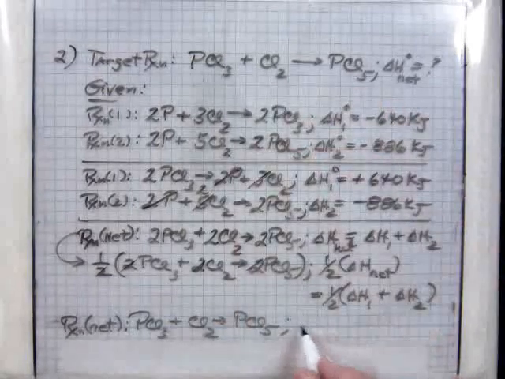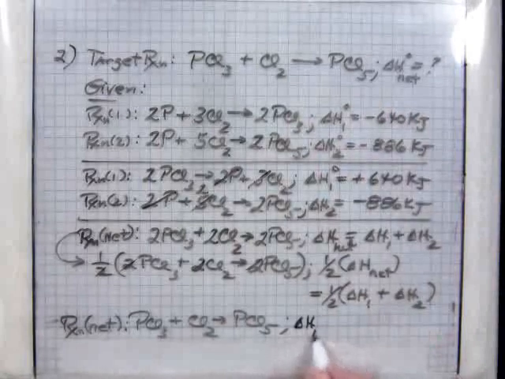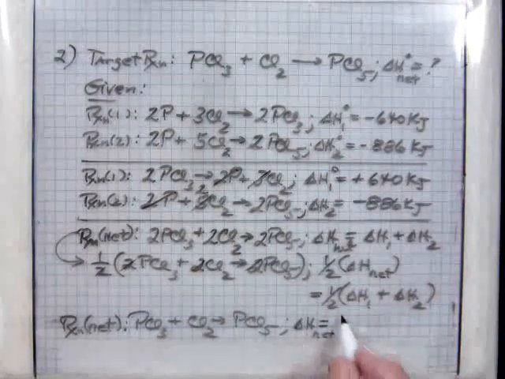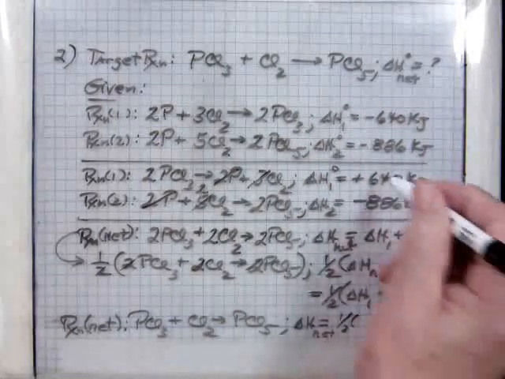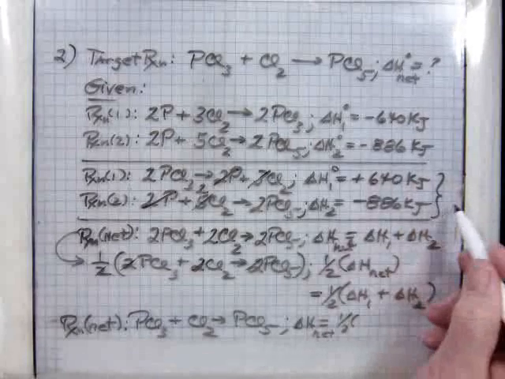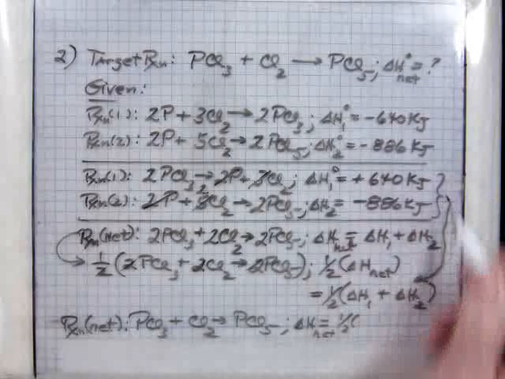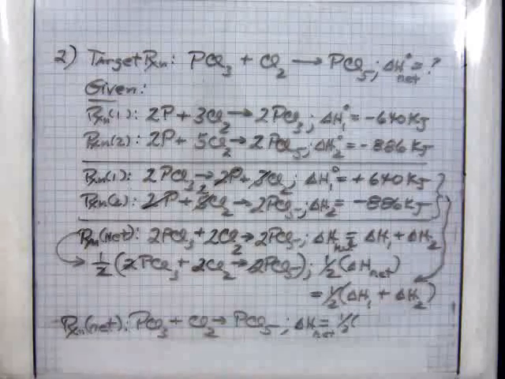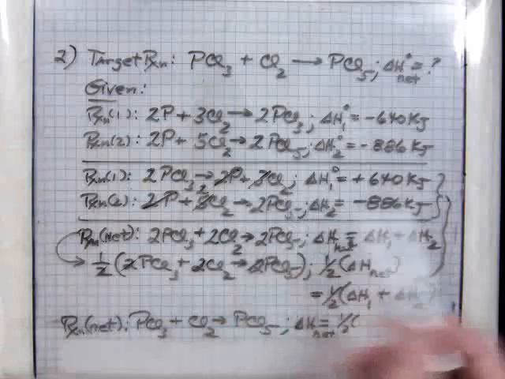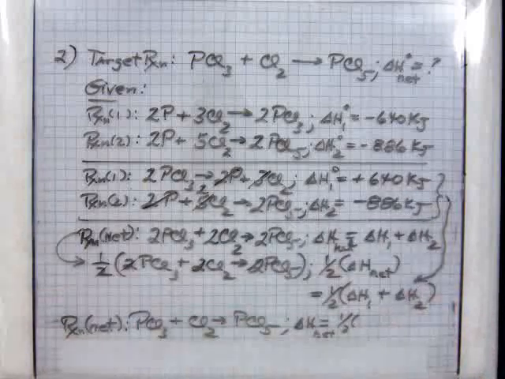And so the delta H net now is 1/2 of these two. So don't get confused right here, because when you make the changes of direction on the reaction or reverse the reaction, you have to use the reverse energy values.